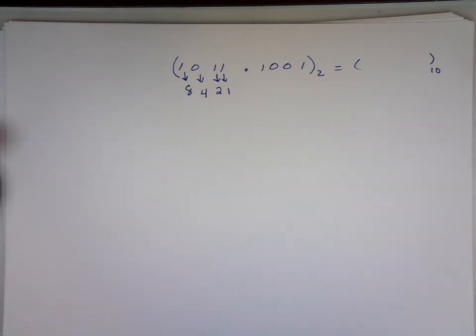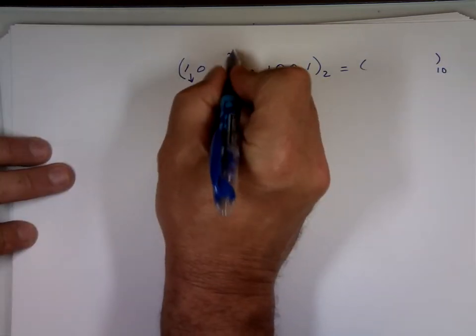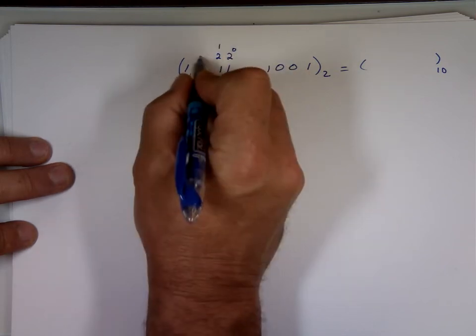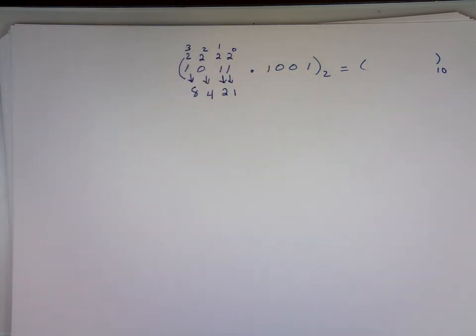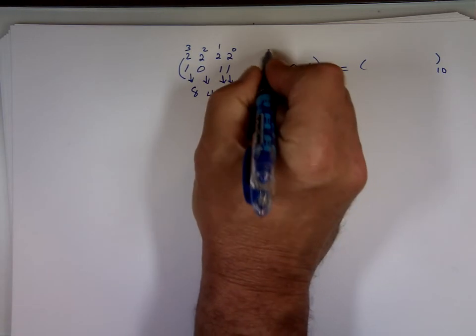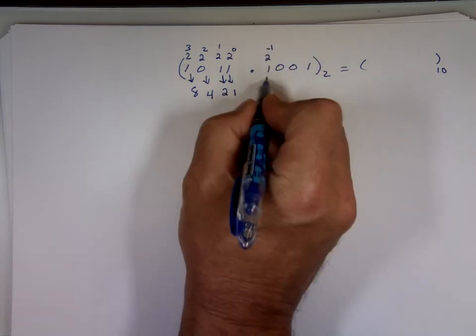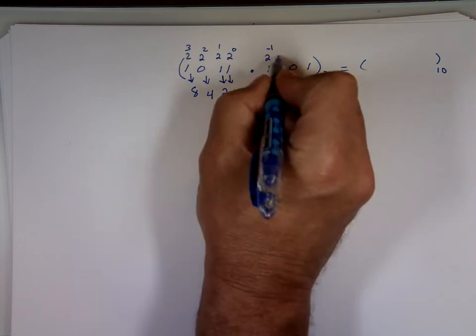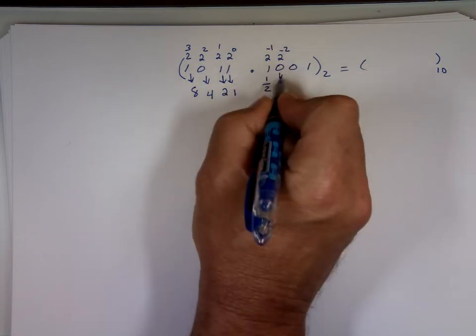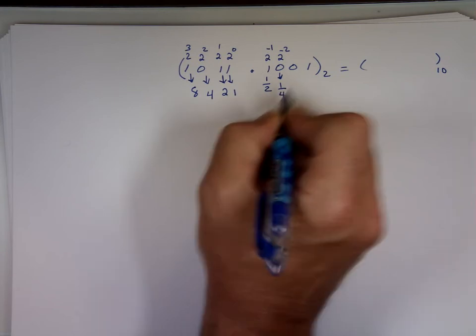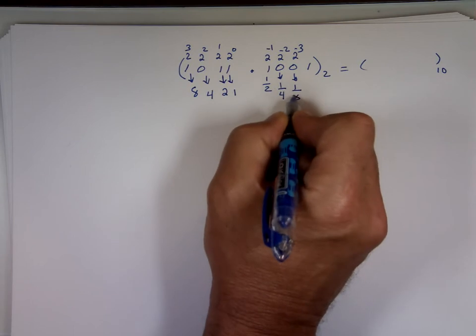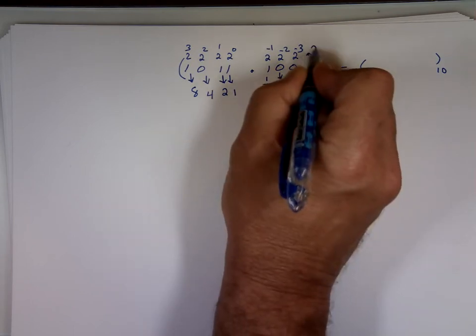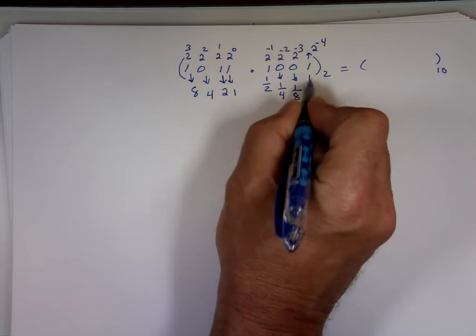That's the weight of each one. This one, 2 to the negative 1. What's 2 to the negative 1? 1/2. This is 2 to the negative 2, which is what? 1/4. 2 to the negative 3, 1/8. 2 to the negative 4, which is what? 1/16.